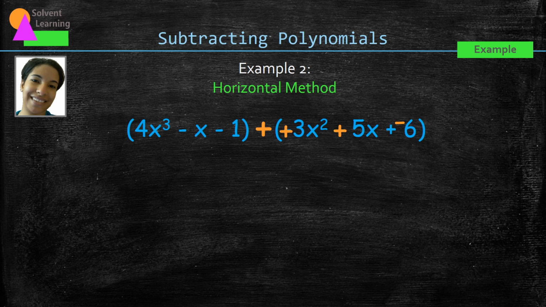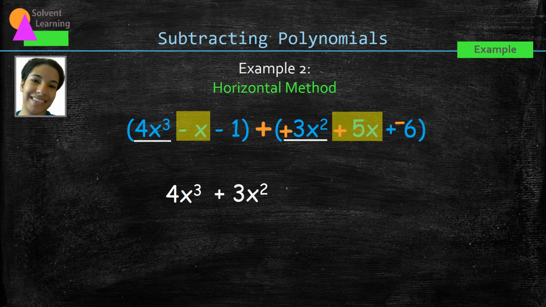Now we can add these polynomials by combining their like terms. 4x cubed can only remain as it is. There's no other x cubed term to add to it. 3x squared will also stay as it is, no other term to combine with it. We do have an x term in each polynomial.